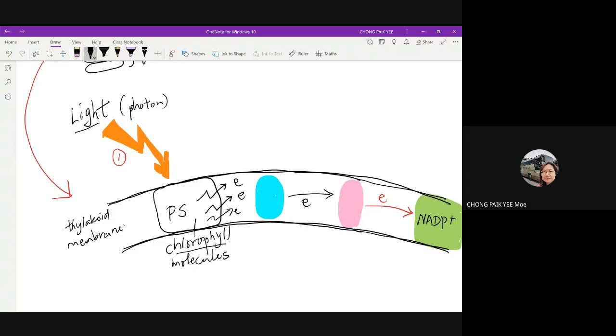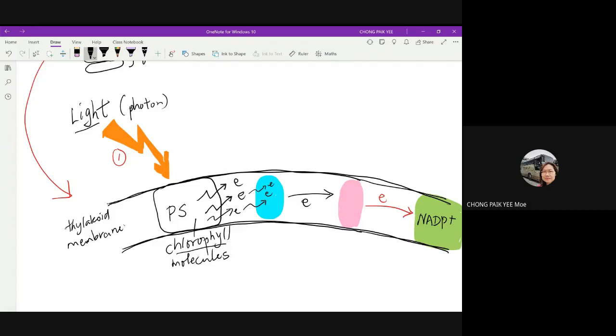The excited electrons from the chlorophyll go through a series of electron carriers. Now, in the membrane itself, there are many electron carriers. Electron carriers are a system whose job is to carry electrons. So this electron enters the electron carrier system.